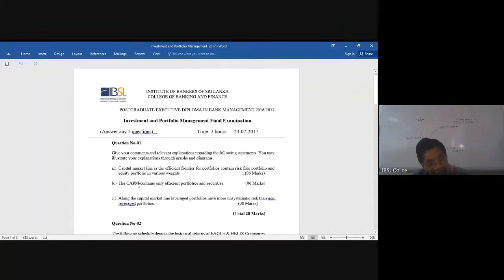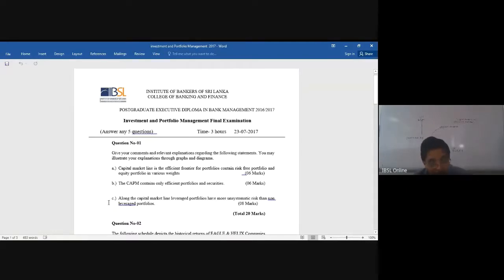That straight line comes in a graph where the x-axis is beta and the y-axis is expected return. So the statement which says that CAPM contains only efficient portfolios and securities is wrong. And when you make the answer, you have to say the statement is wrong and the CAPM or the security market line is drawn with the help of two axes of a graph. The x-axis is the beta, the y-axis is the expected return. So that is part B.